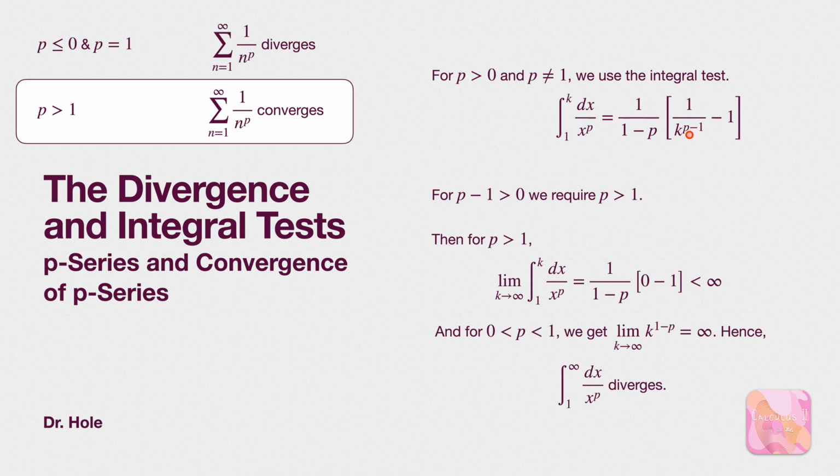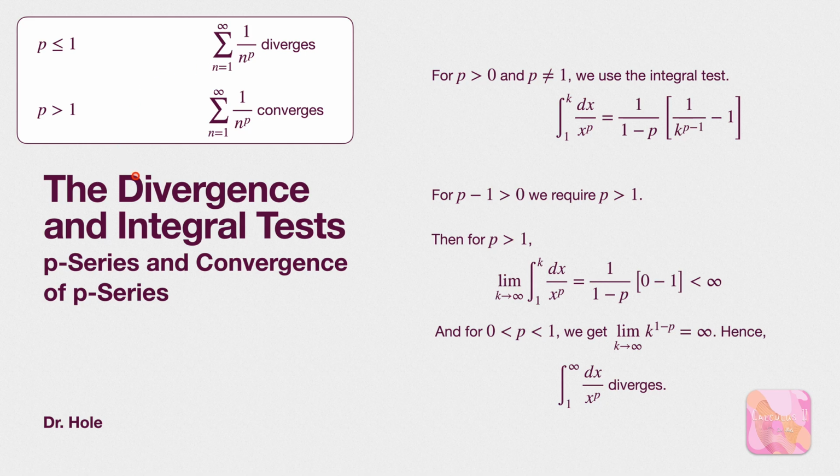In other words, p minus 1 is a negative value, so k pops to the numerator. Letting k go out to infinity, we get infinity in the limit. And thus, by the integral test, we find that the integral diverges, and therefore the series also diverges.